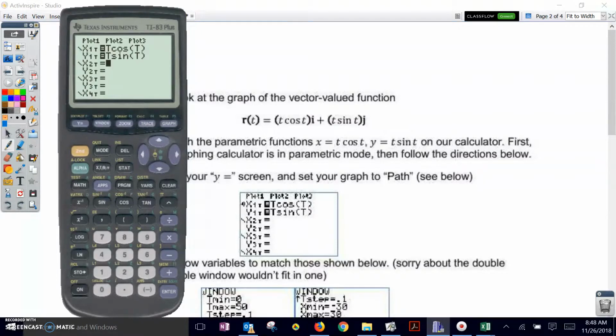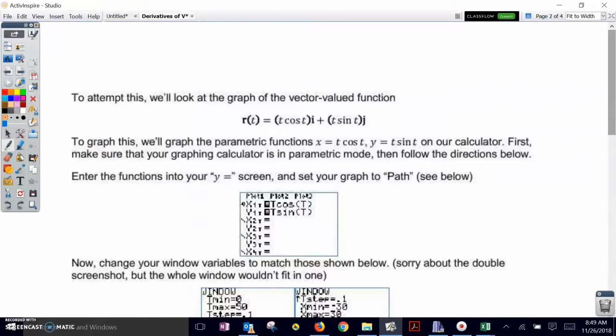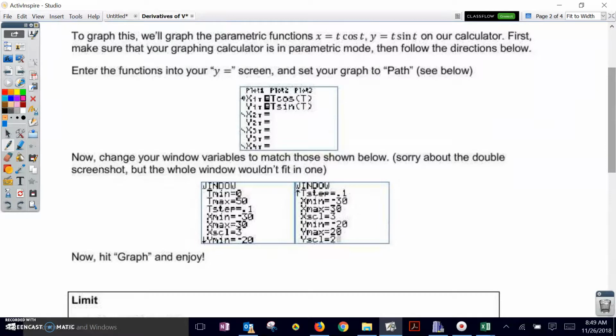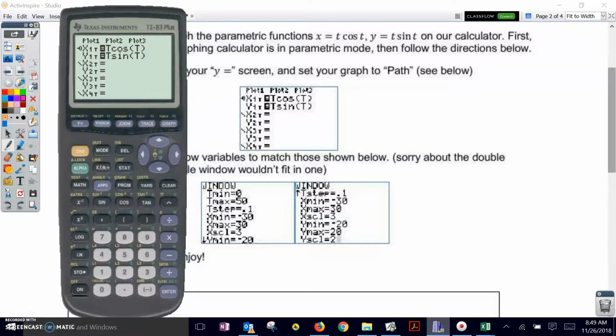Alright, now to actually see what's going on, I want to set this to path, that's the little line with the bead, that's our path graph. What we'll see is the tip of the vector moving around, and it'll leave behind the path of the vector. Now in order to see this best, we're going to change our window values.